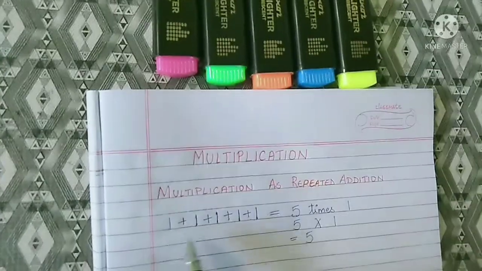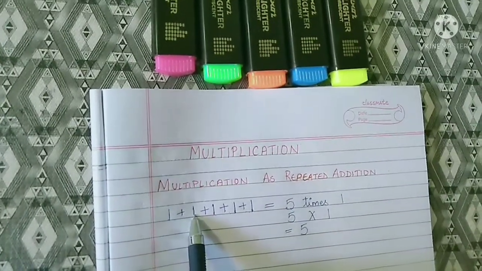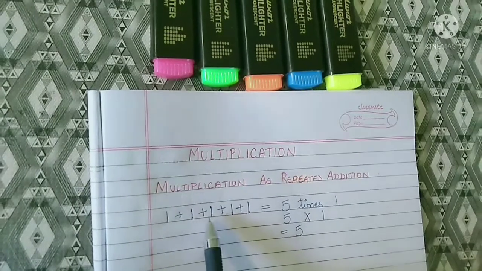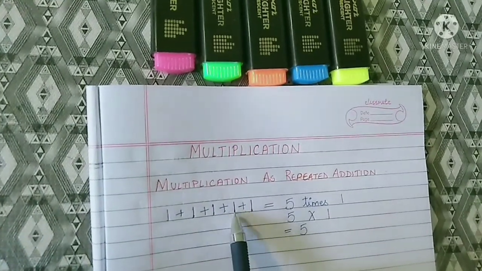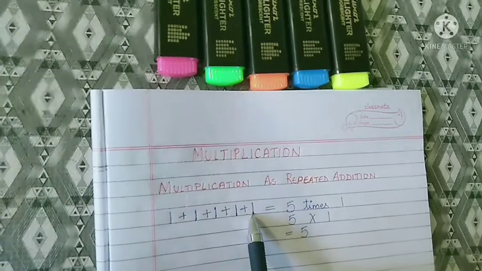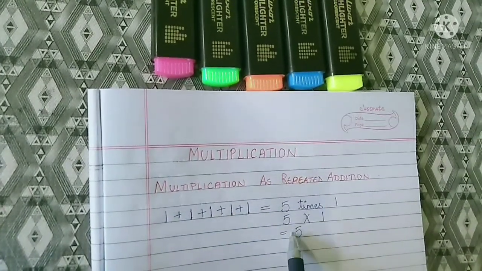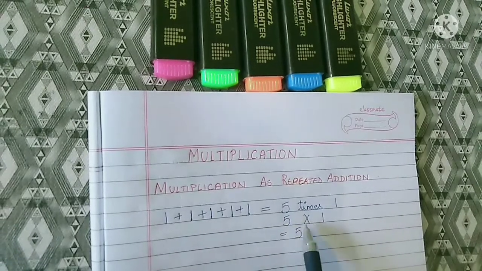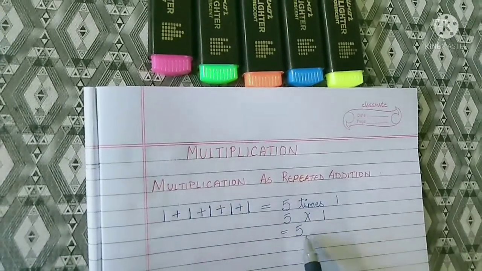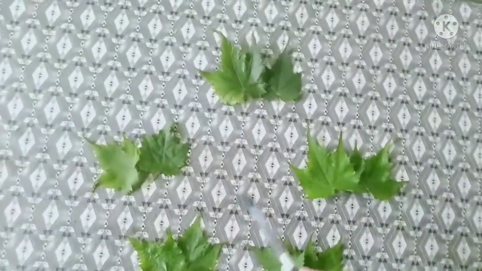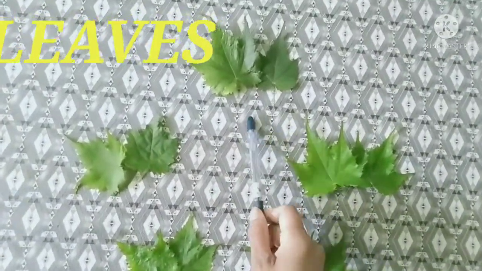So if you count or add, you will get 5 only. 1 plus 1 is 2, 2 plus 1 is 3, 3 plus 1 is 4, 4 plus 1 is 5. So if you add, you will get 5, and if you multiply in this way, you will also get 5.